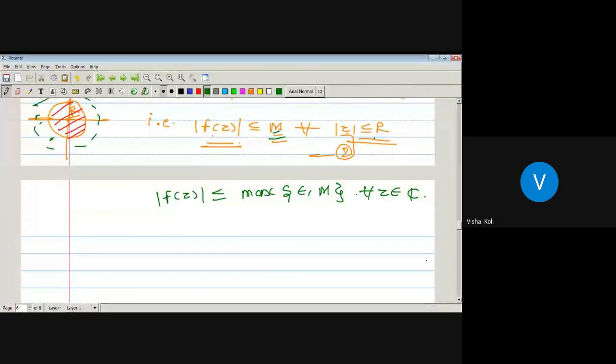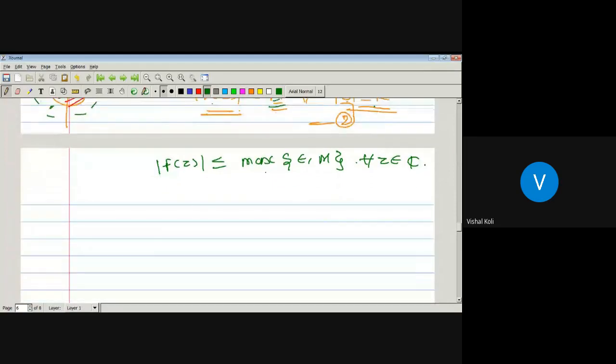So modulus of f of z is less than or equal to the maximum of epsilon and M for each value of z belonging to C, which implies f is bounded on C, the complex number system. And we have already proved that f is an entire function. Entire function means it is analytic on the whole complex plane, which implies f is a bounded entire function.